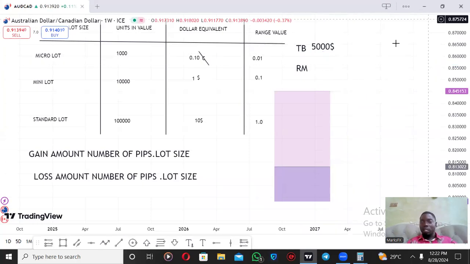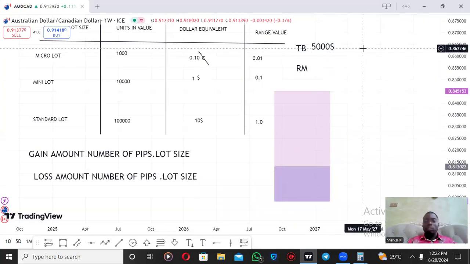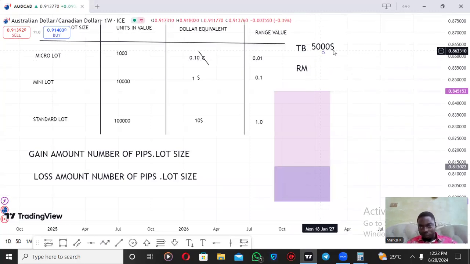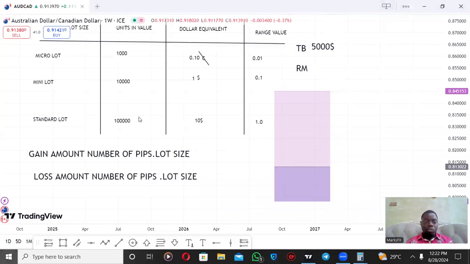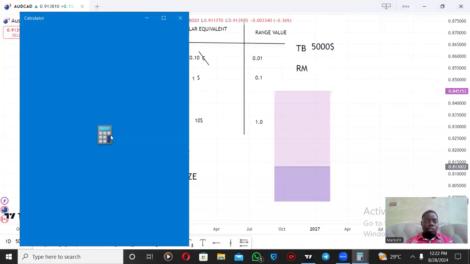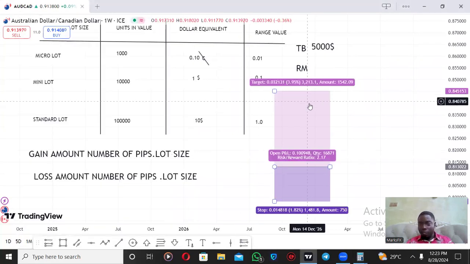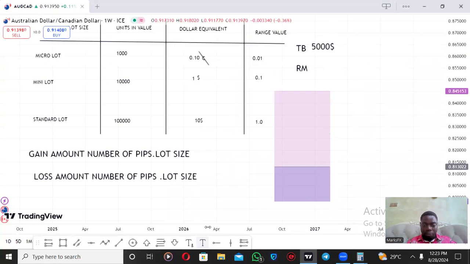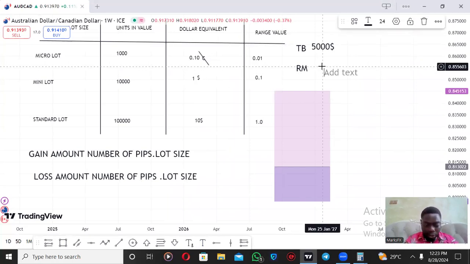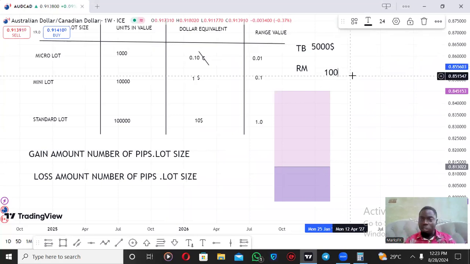Now, let's assume you want to risk 2%. 2% of $5,000 is 2 times 5,000, which is 10,000, divided by 100. You will get 100. So now, your risk amount is $100. That is the amount of money you want to lose if price goes against you.